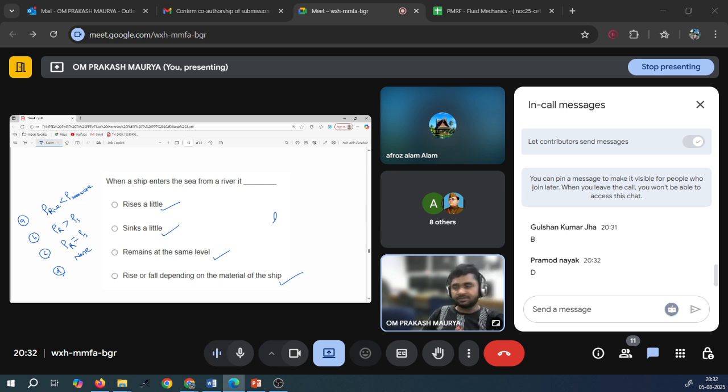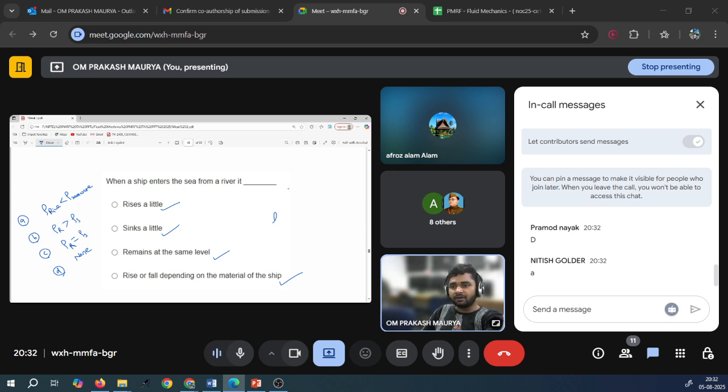First, please everyone tell here. Which option is correct? The relation between... Answer A is correct. Someone is telling A. Okay, Alam is telling A. Other students, please also comment which option is correct. Okay, Nitish is also telling A.